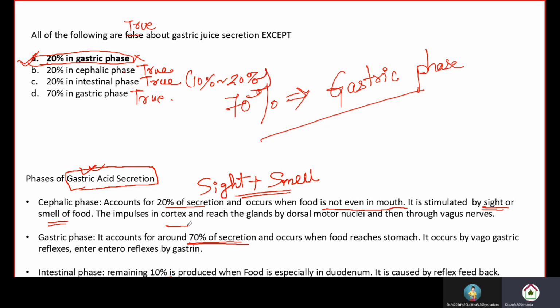The impulse goes to the cortex and reaches the gland by the dorsal motor nuclei and through the vagus nerve. The vagus nerve is involved and the dorsal motor nuclei are involved. Always remember this. The vagus nerve controls secretion of gastric acid.